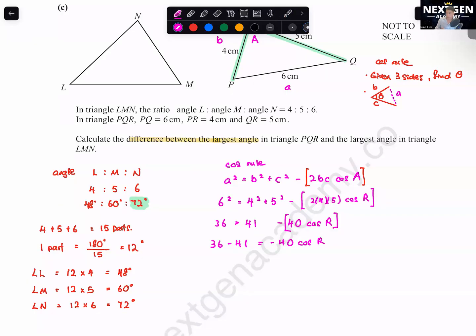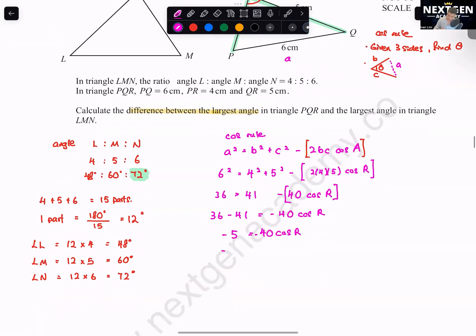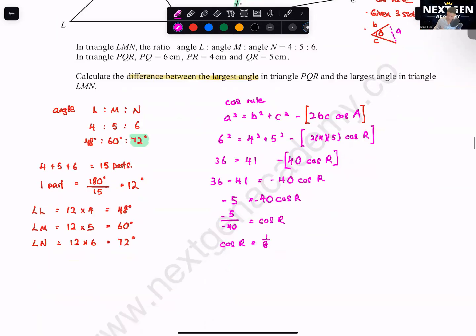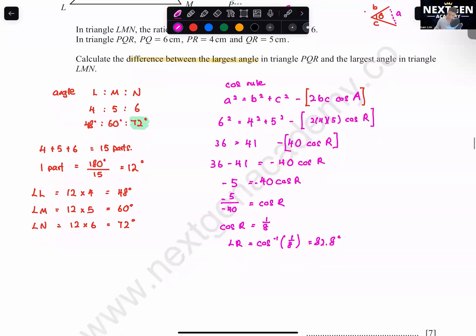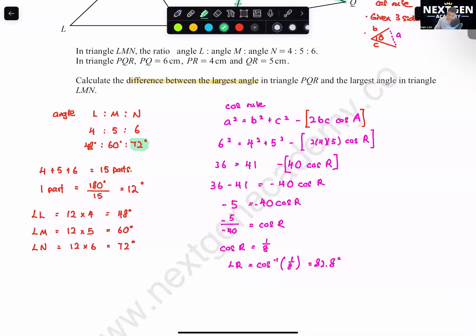So you get negative 5 equals negative 40 cos R. Negative 5 over negative 40 equals cos R. Cos R equals 1 over 8. Final one, angle R: you inverse cos and you get 82.8 degrees. So your biggest angle is 82.8 degrees.